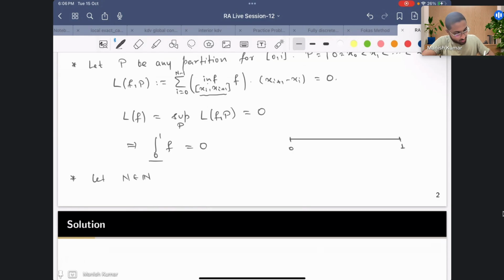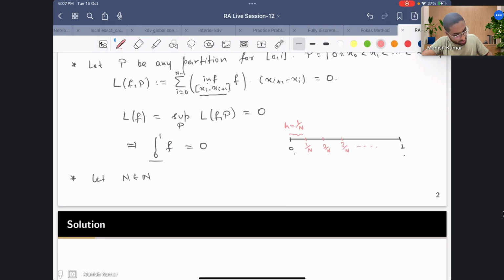What we are doing is dividing this interval into equal parts. This is the length, 1 by n, and this step size I define as h. So h is the length of each of the subintervals. The points are 1 by n, 2 by n, 3 by n, and so on.